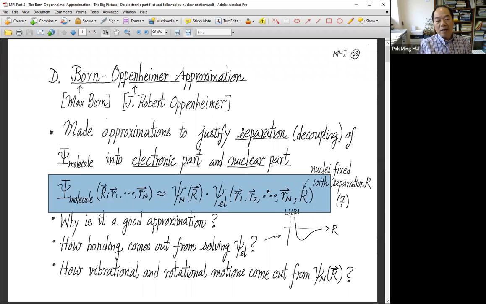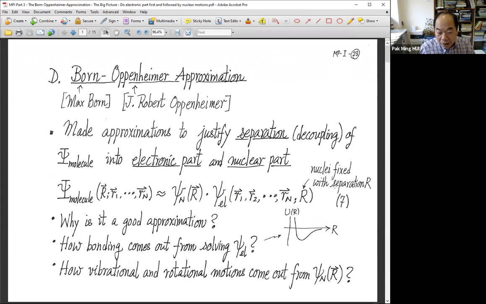Okay? Now, notice that here I introduce a parameter to label this separated electronic part. What do I mean by that? Let me introduce the basic idea of the Born-Oppenheimer approximation.